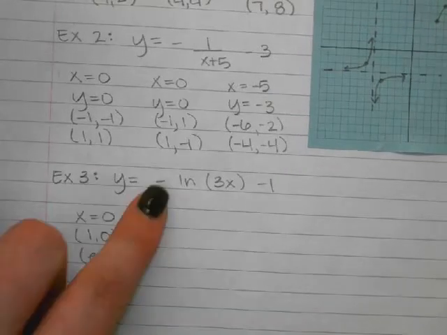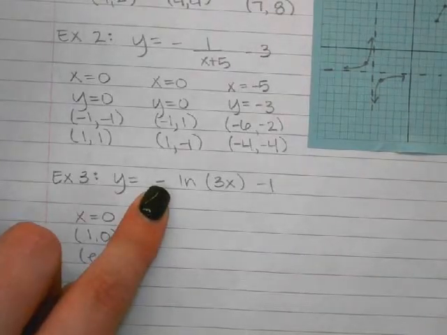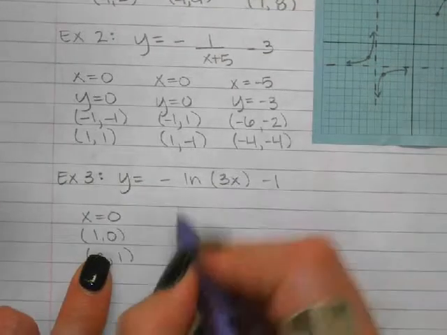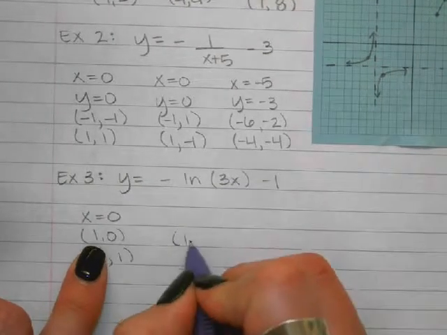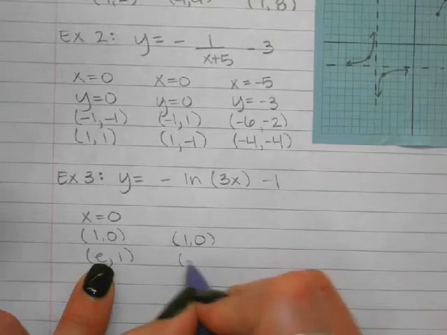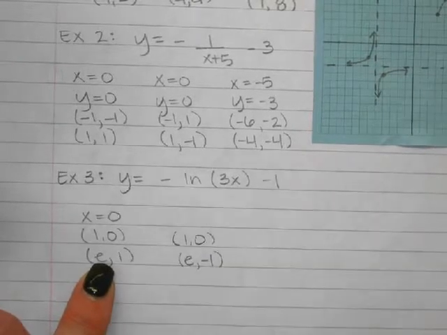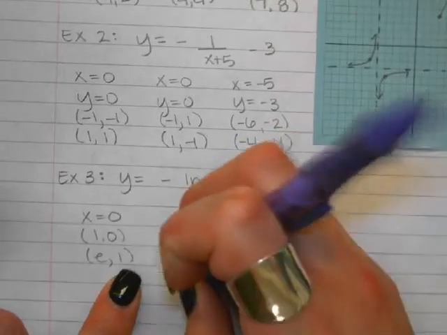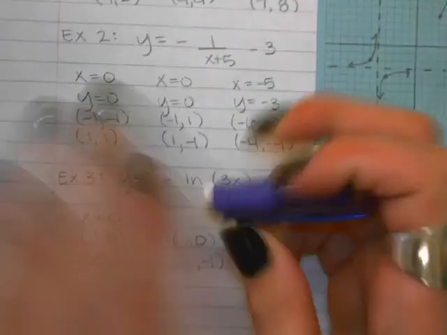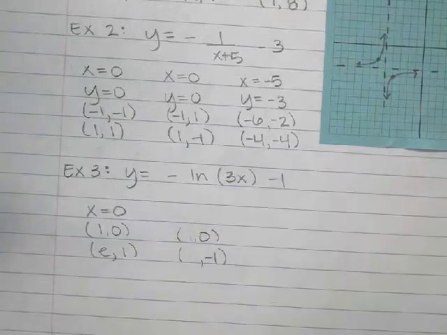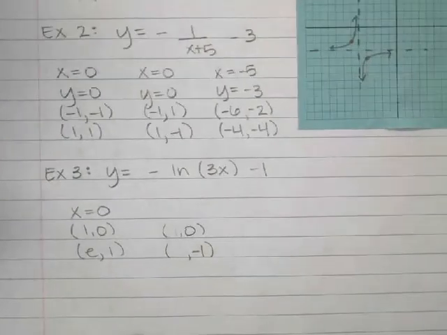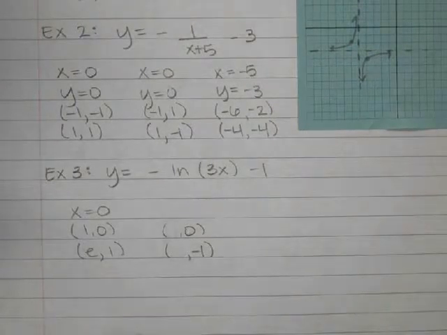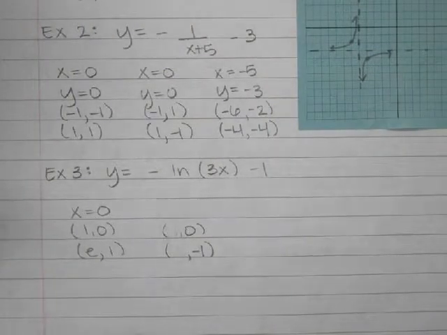So I'm going to do the reflection over the x-axis first. That means that the y-coordinate is going to change to the opposite sign. So opposite sign of 0 is still 0. Opposite sign of 1 is -1. Should not have written the x's yet. All right, and then what we have to do next is take the x values and multiply them by 1/3, or you can divide them by 3.